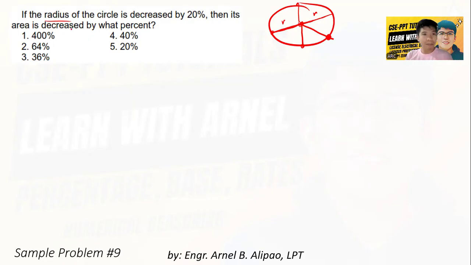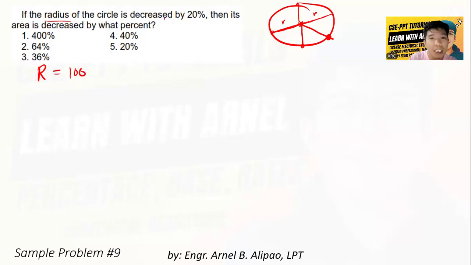So now, do we have numbers here? Do we have the value of the radius? We don't have. But we can assign a value for the radius. Say we have our original radius. I represented it with a capital R, because that's the original. Say I would assign 100.